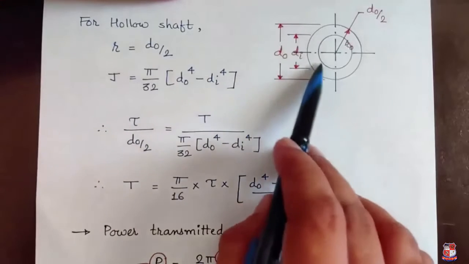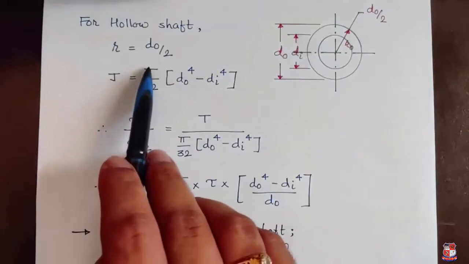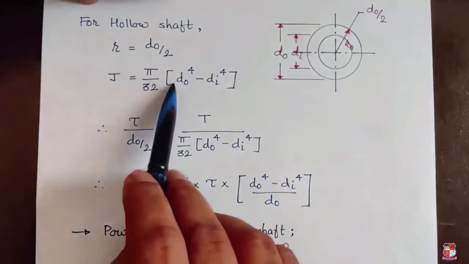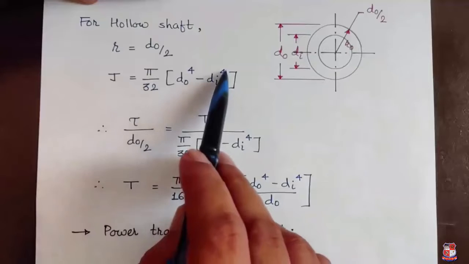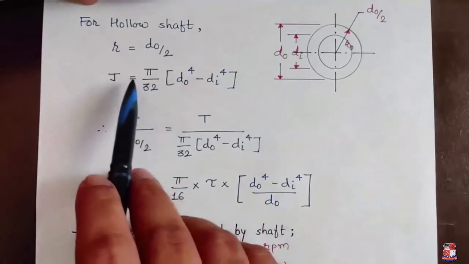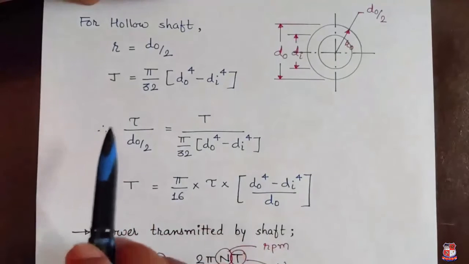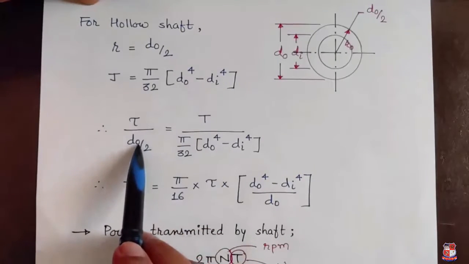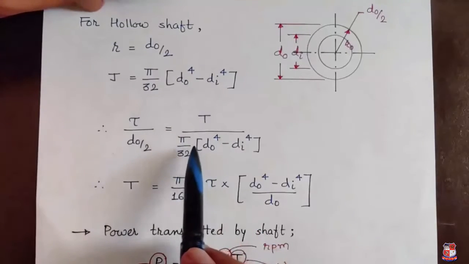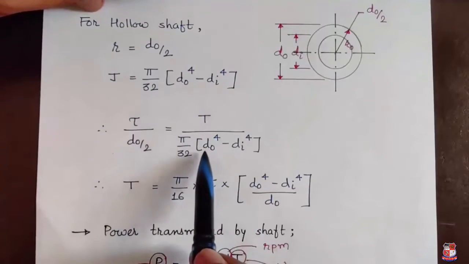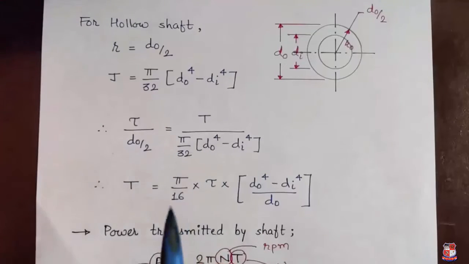Now for this cross-sectional area, polar moment of inertia J is equal to pi by 32 into outer diameter raised to 4 minus inner diameter raised to 4. Now we have to put these two values in the equation of torsion. So tau by r, that is dO by 2, is equal to capital T by J. J is pi by 32 into dO raised to 4 minus di raised to 4.